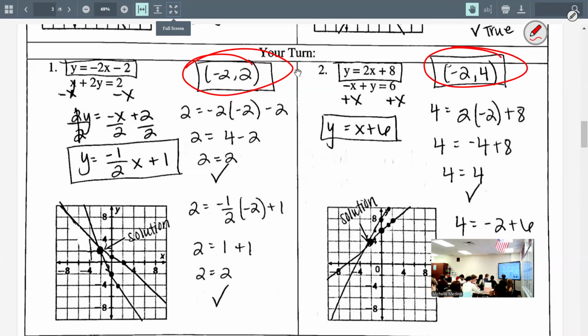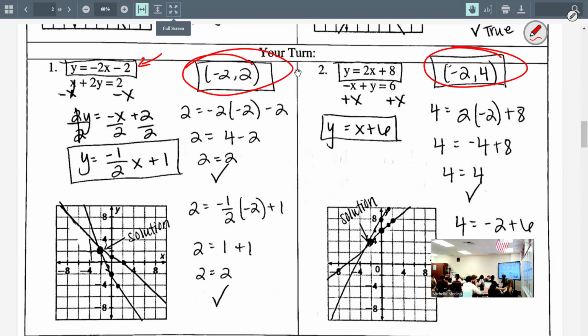But what you should have noticed is that the first one is already in slope-intercept form. You can just start graphing it. When I grade your test, because it'll be something just like this, solve it by graphing, I do check that you have the correct y-intercept and that you have the correct slope.